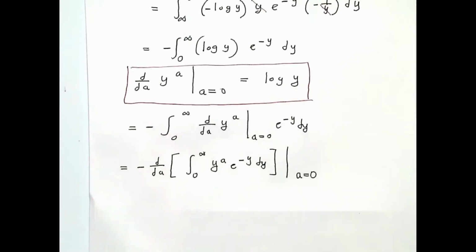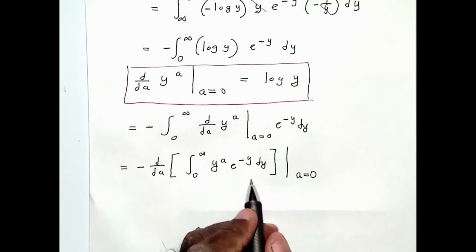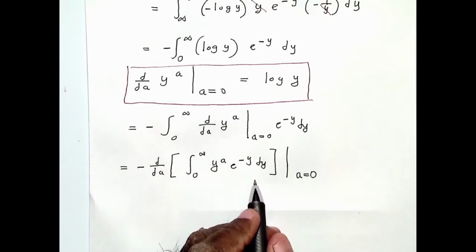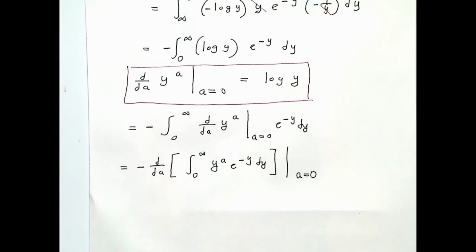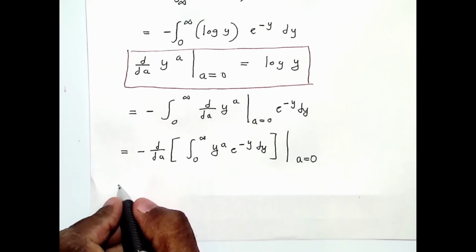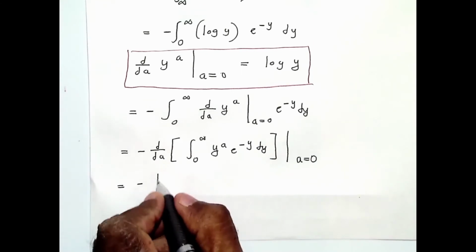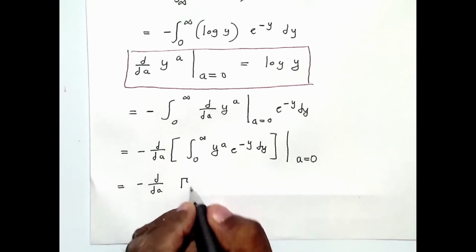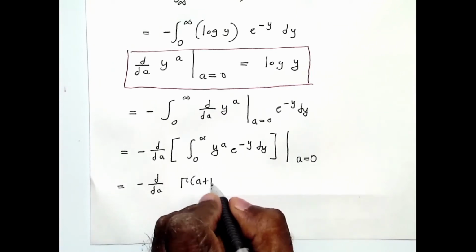Now this, you may recall, is the definition of a gamma function. Again, there's a video on the gamma function which you can find on the course website. So by definition, this is the gamma function at a plus 1.